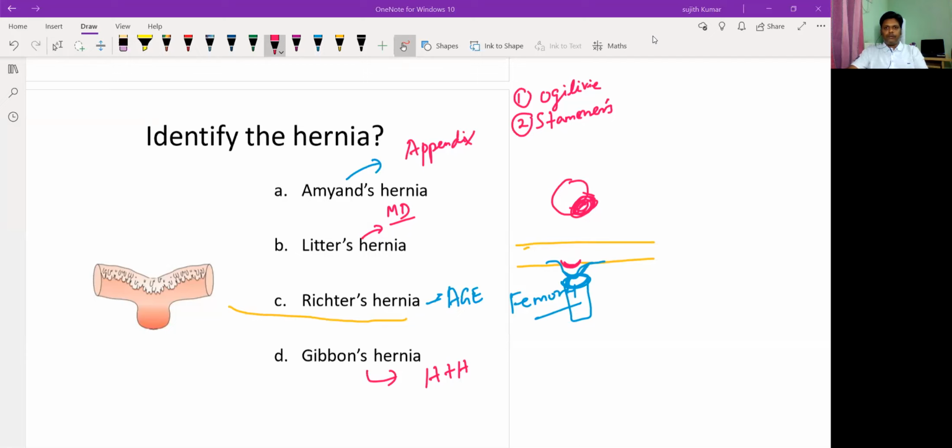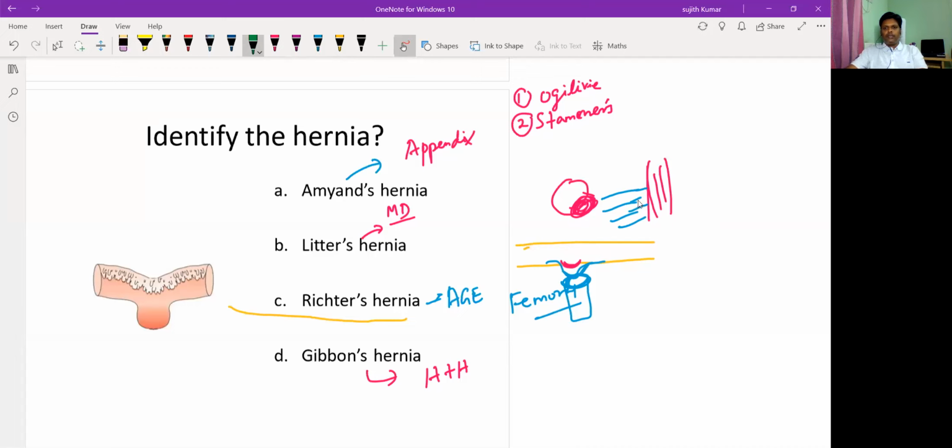Okay, so we'll go for the discussion. What is Ogilvy hernia? Consider this is the rectus muscle. You know that the conjoint tendon is formed by the fusion of both the muscles, that is internal oblique and transversus abdominis.